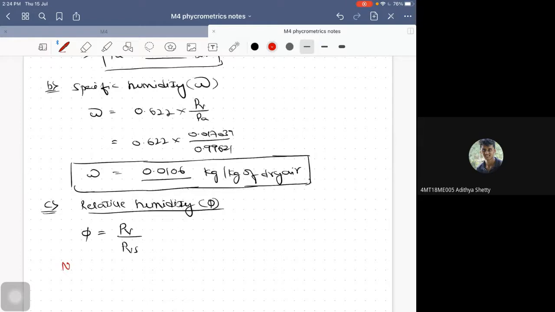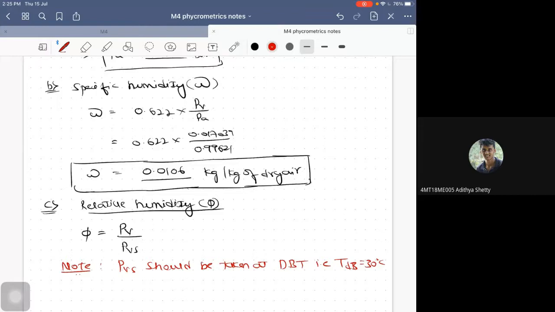Since this is a new concept, you can take this note. PVS should be taken at DBT, that is T_DB, which I guess is given as 30 degrees Celsius. Whatever the pressure corresponding to DBT will always be the PVS. Keep this in mind: if DPT, the dew point temperature, is given, it corresponds to PV.